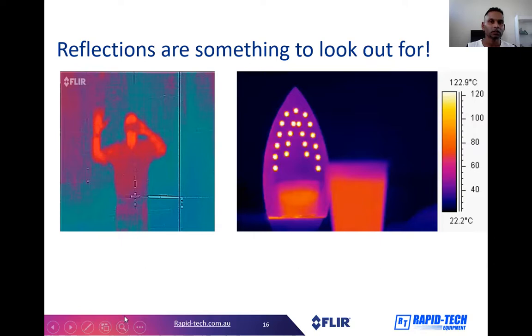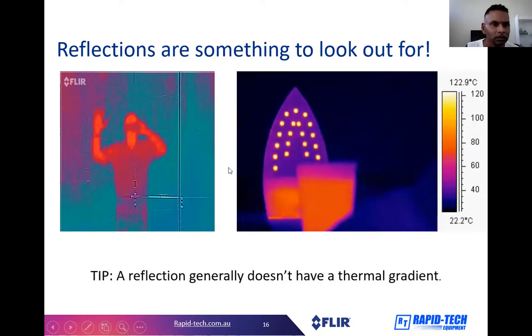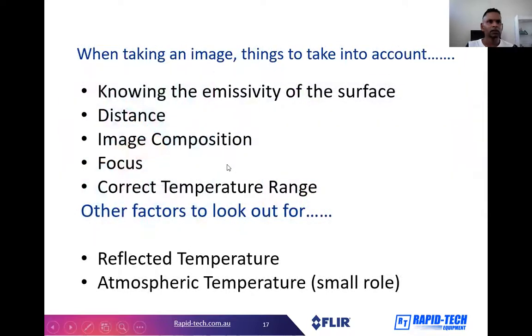Let's go into the next slide. So when taking an image, there are things to take into account. Like I mentioned, knowing the emissivity of the surface; I think that's the important thing to understand.